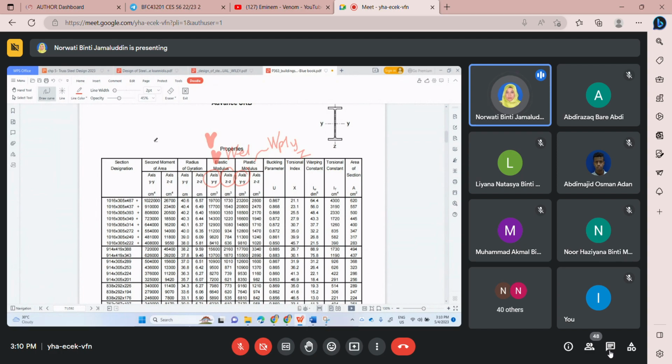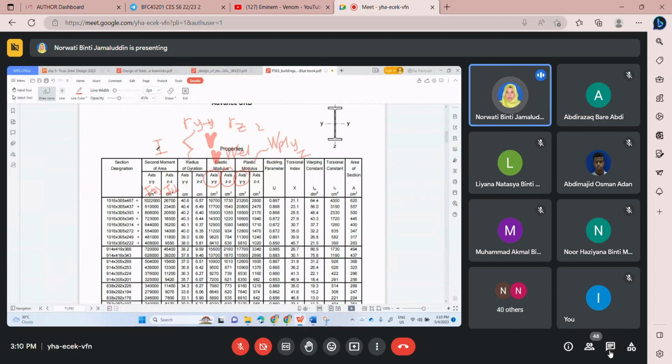Second moment of area is represented by I, so this can be IYY, IZZ. Radius of gyration is R: RY, RZZ.